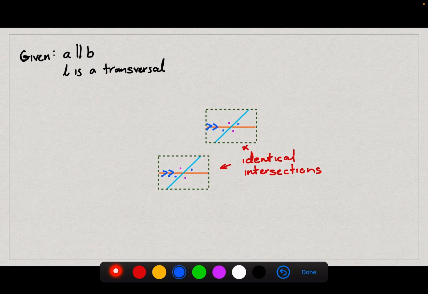And essentially, we can take both of these indicators and we can kind of condense them together. And we'll notice that they are both identical. So let's use this and use the special angle pairs that we talked about in the last lesson to identify some very important key features of these.